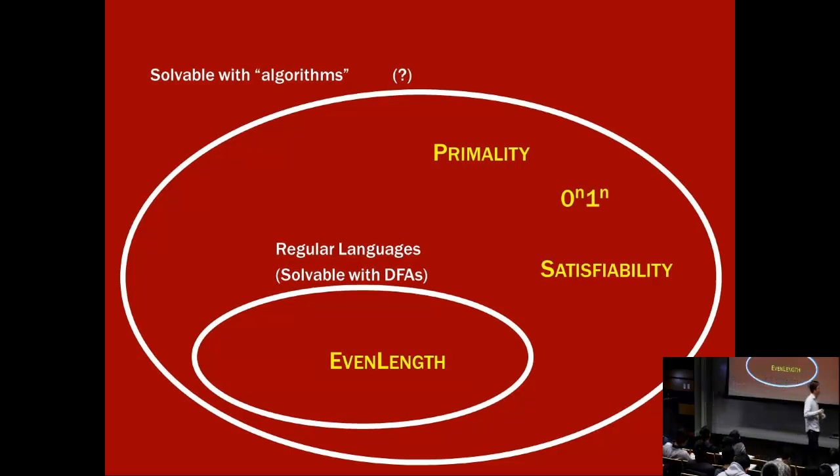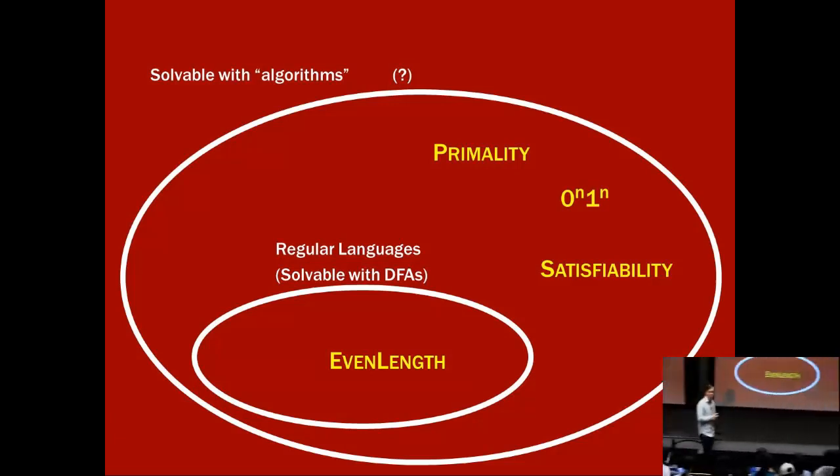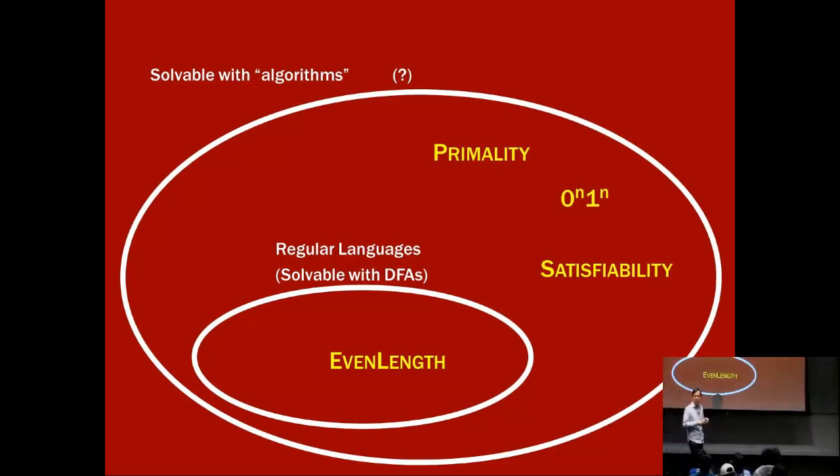So they're not inside the regular languages. And we didn't show this, but it's also true that you cannot solve primality with a DFA. Let's say given a string which represents a number in binary, check if it's prime. That was almost on the homework, but didn't quite make it. Satisfiability is another example that you can't solve with DFAs.